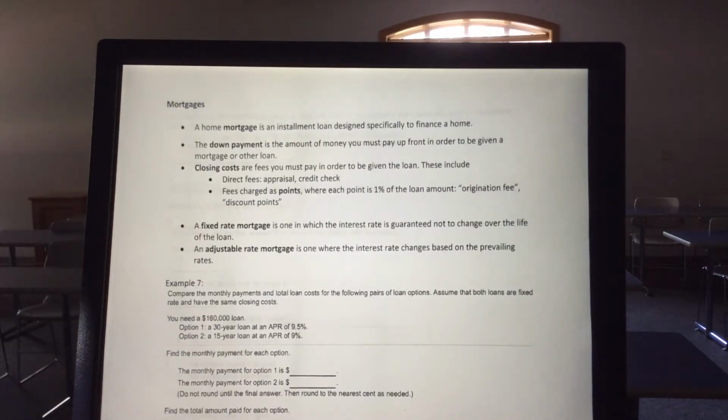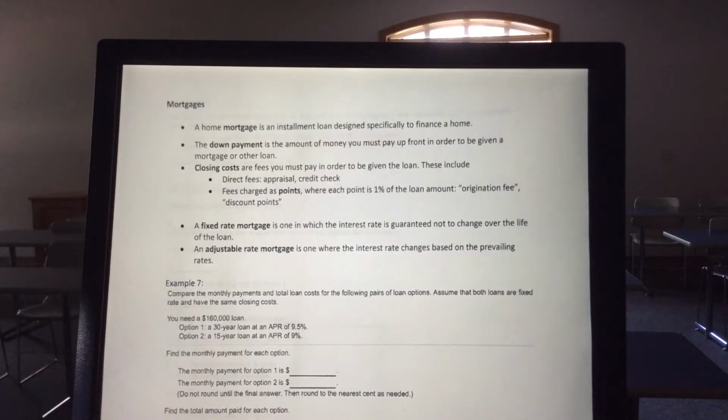Those are fees that you must pay in order to be given the loan, and these can include direct fees, which is appraisal and credit check. There's also fees charged as points, where each point is 1% of the loan amount, sometimes called the origination fee or discount points.